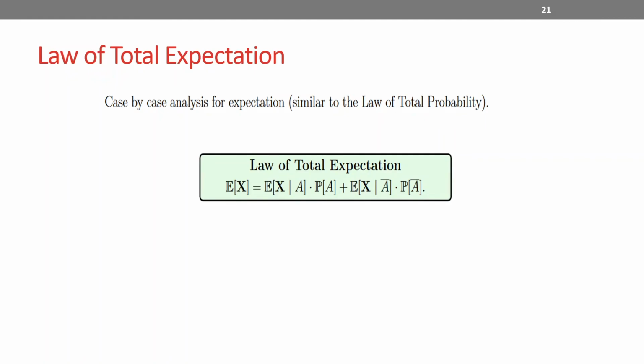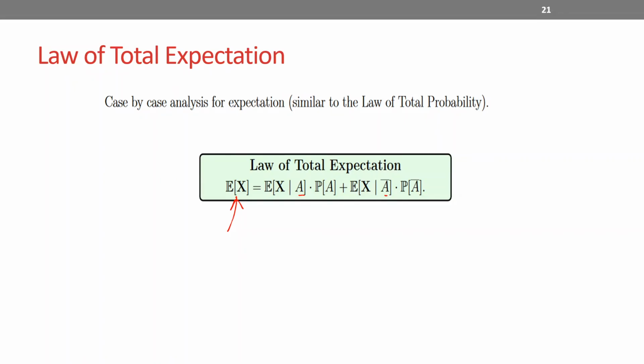This allows us to compute a probability by considering different cases for the outcome and using conditional probability, right? So this helps us compute the expectation of a random variable when its probability is divided into certain parts, right? So to get the expectation for X, maybe it's conditioned on A and conditioned on not A, right?